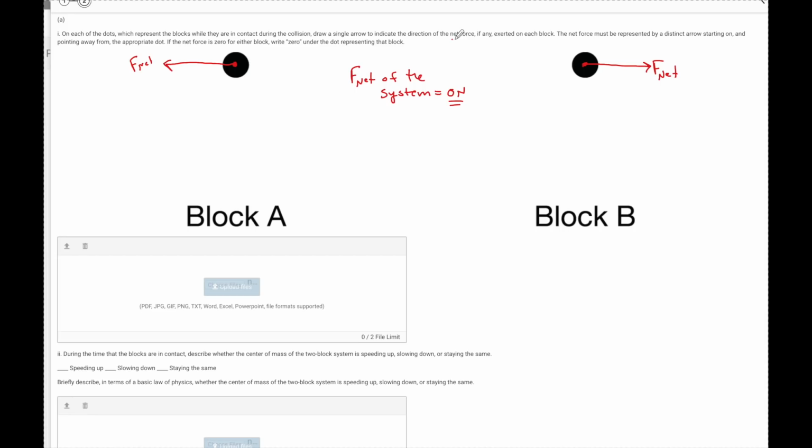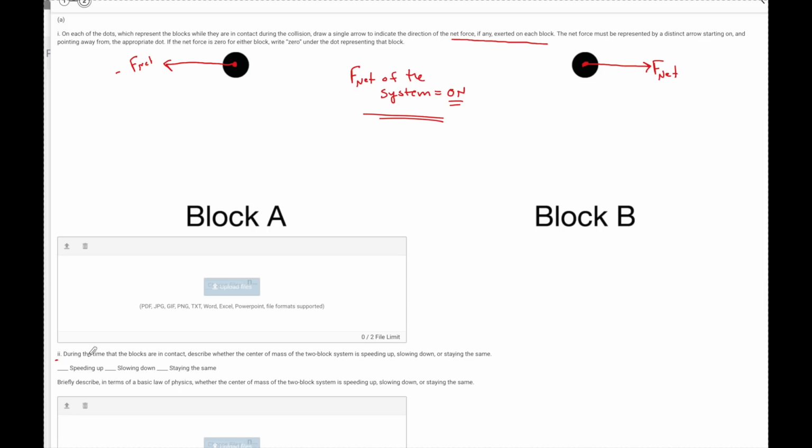They asked for the net force exerted on each block. So although these are equal, this will be, say, a negative F net, and this will be an equal and opposite F net. The sum, because there are no outside forces acting, is 0. But in the contact time, they are going to push on each other in opposite directions. So the difference between the F net of the system and the F net on each block was a little bit of confusion for students.